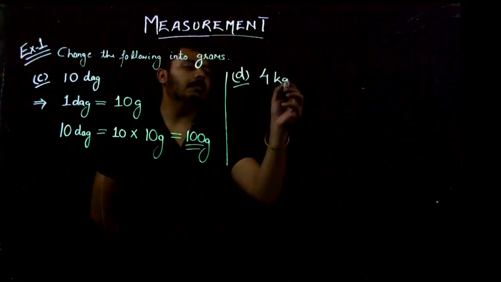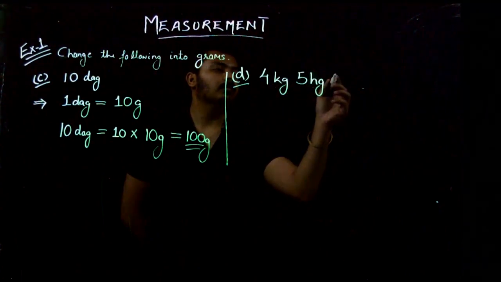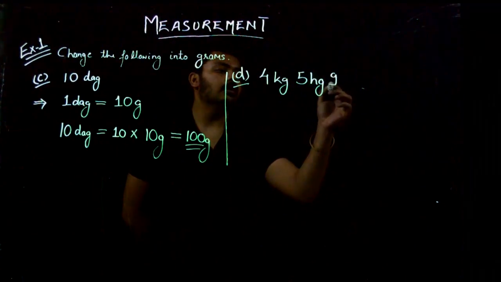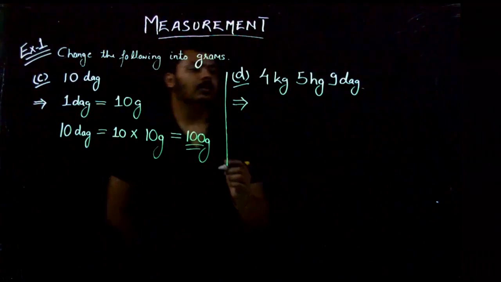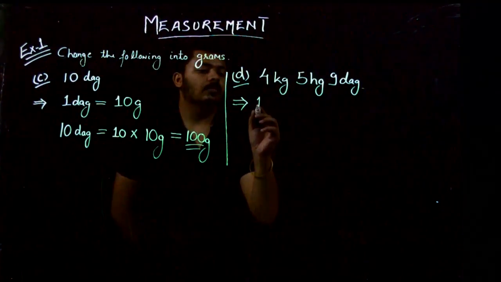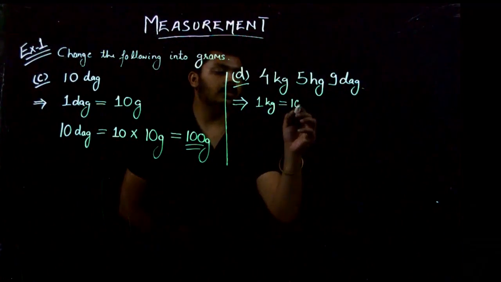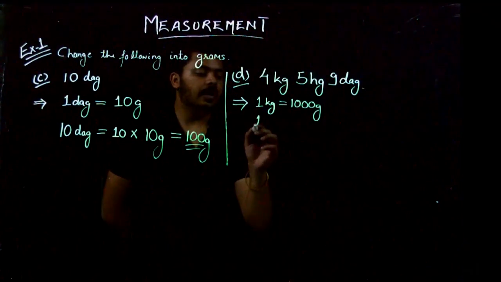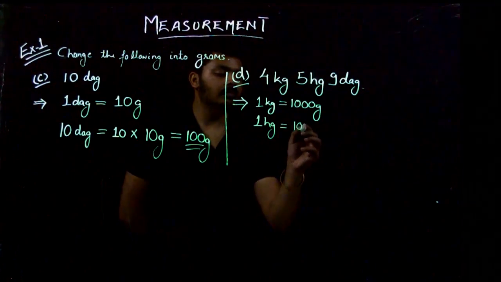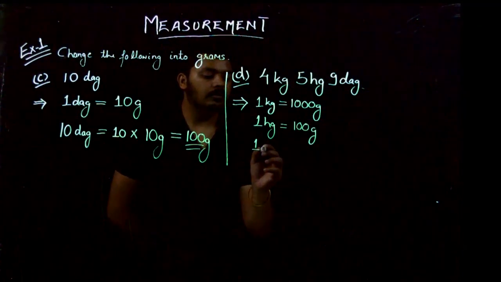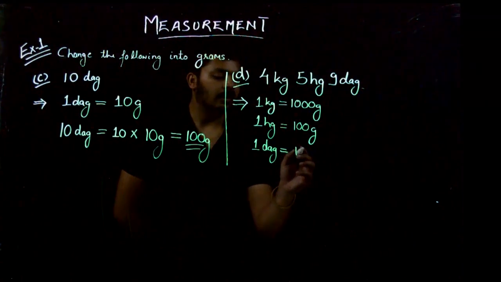Now part D is 4 kilogram, 5 hectogram and 9 decagram. Now we know that 1 kilogram equals 1000 gram, 1 hectogram equals 100 grams and 1 decagram is equal to 10 grams.